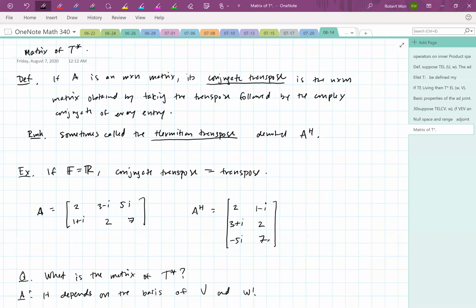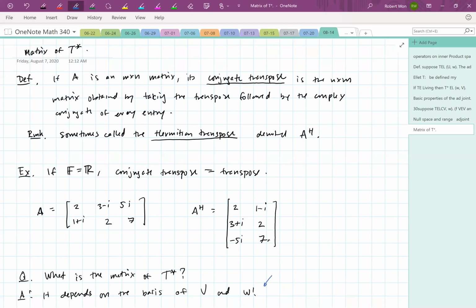The result that we're going to prove is that if you take fixed orthonormal bases of V and W, then the matrices of T and T star will be conjugate transposed to one another. That's the answer.